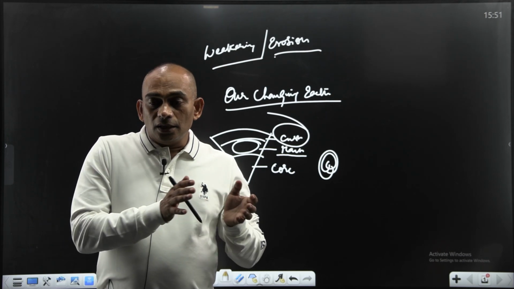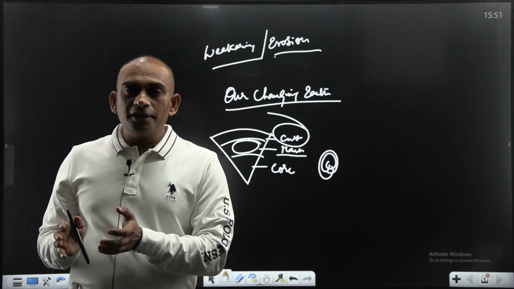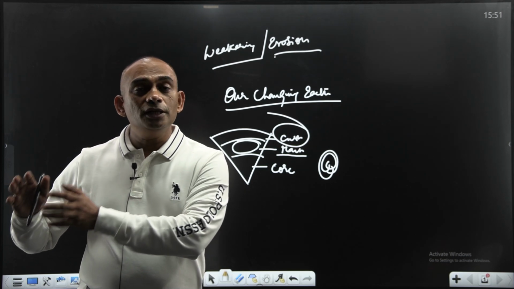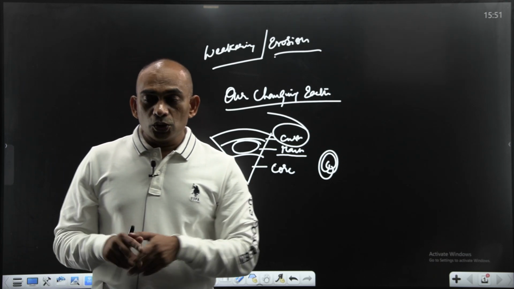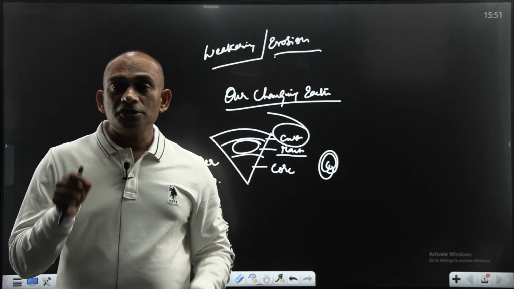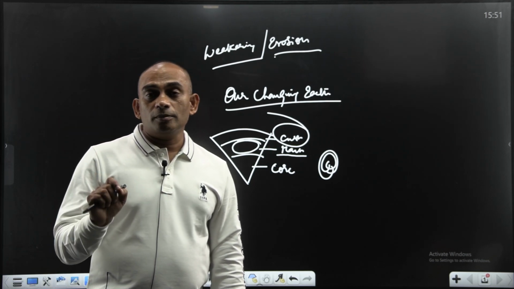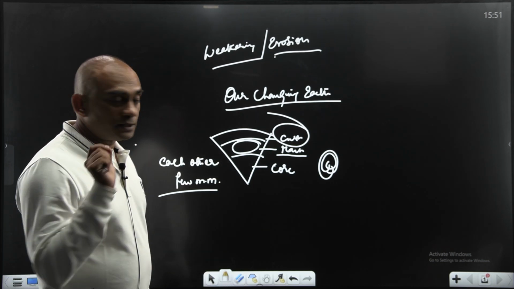These agents carry that eroded material from one place to another place and eventually deposit it at one place. So this erosion and deposition is responsible for forming various landforms on the surface of the earth.